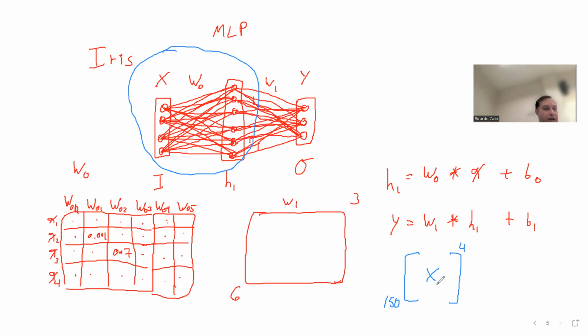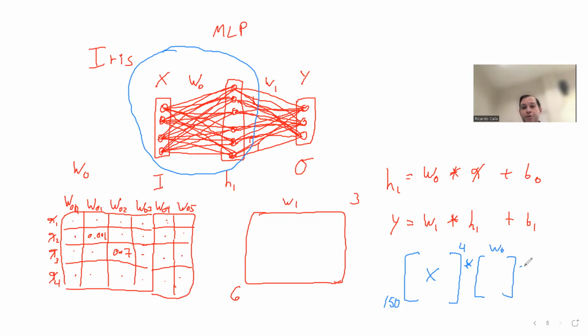But I know that I'm building a neural network, and the data should be transformed into a layer that has 6 neurons from a layer that had 4 neurons. Do you see that? Okay. So I don't know what this one is, the W0. Let's say for now, I don't know.